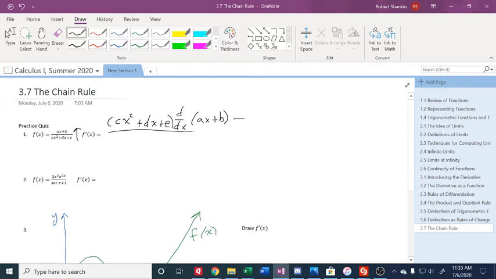Minus the top times the derivative of the bottom, and that has a number of constants, over the bottom squared.